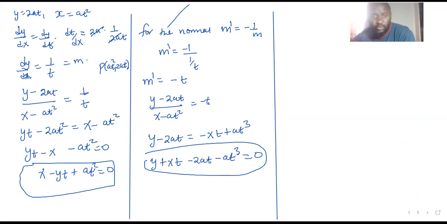You can go to Backhouse 1, page 435, Miscellaneous exercise 2G, question 16, question 17.